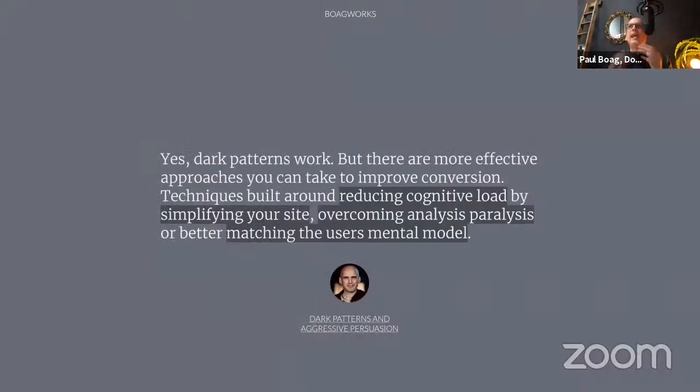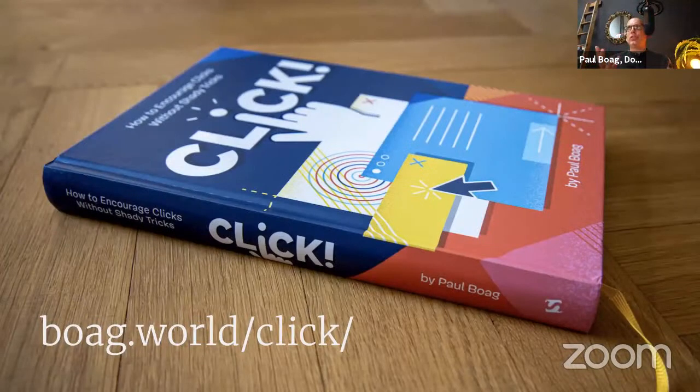So, yes, dark patterns do work, but there are more effective approaches that you can take to improve conversion. Techniques built around reducing cognitive load by simplifying your site, overcoming things like analysis paralysis, choice paralysis, or matching the user's mental model better. So I've just given you a tiny little glimpse into the kind of things that go into the book.